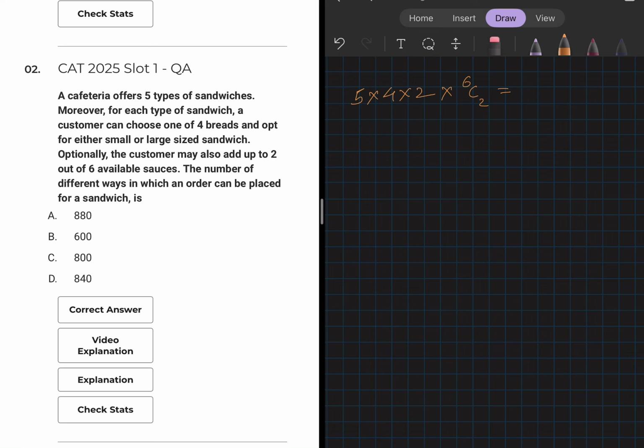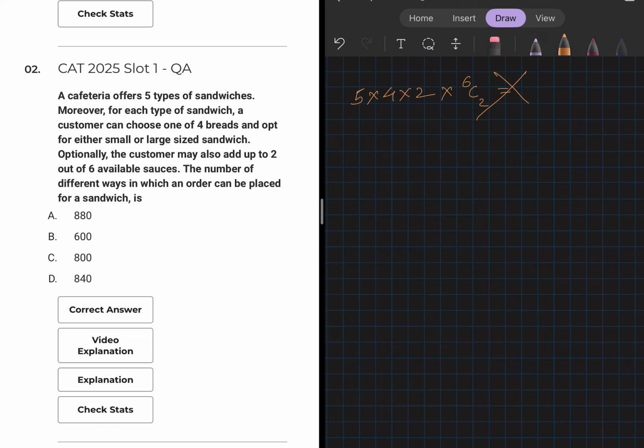So it's not saying that the customer has to choose exactly 2. It may choose 0, 1 or 2, but it cannot choose more than 2. So 2 is the upper limit, it's not the exact number. So there are multiple possibilities, and we have to take into account all of those possibilities. So this approach is not going to work.